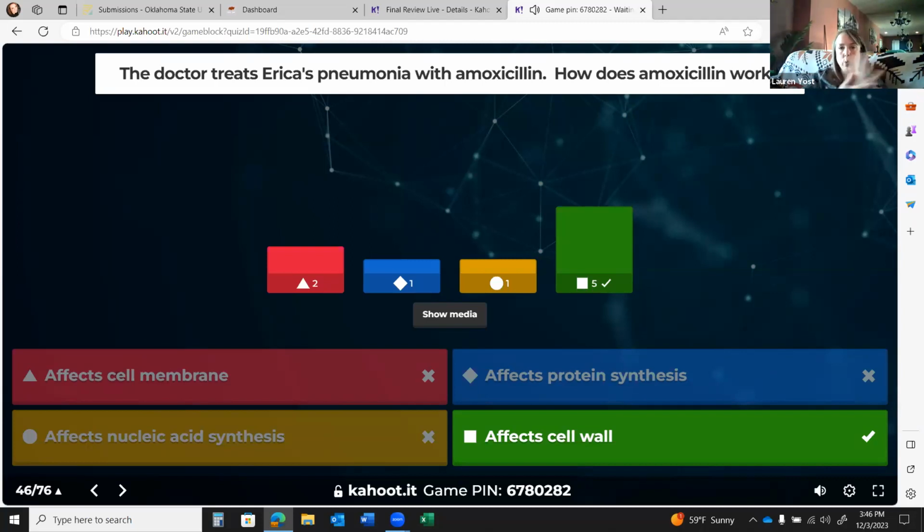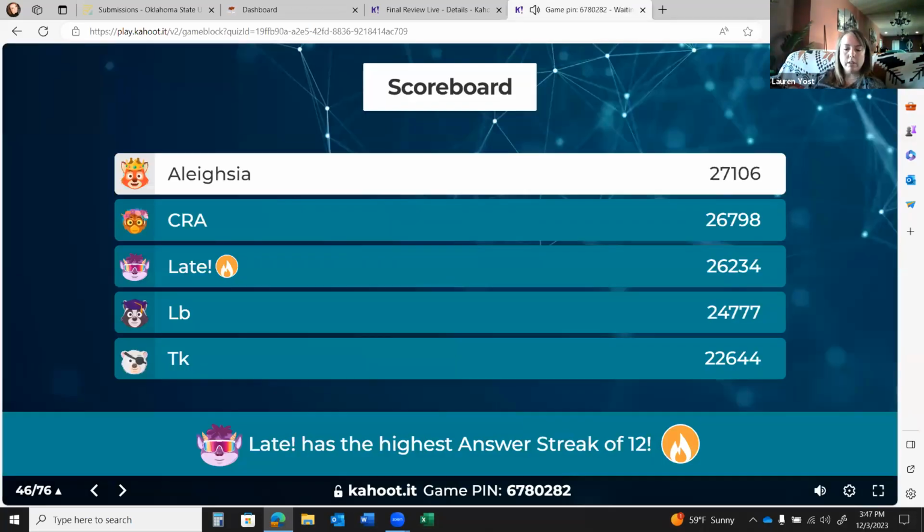Remember, there were 5 ways that antibiotics can affect bacterial targets: the cell wall, the protein synthesis, the cell membrane, and the nucleic acid synthesis. But the 5th one is folic acid, which we talked about a little bit ago with the sulfa drugs and trimethoprim. So good job. You guys are getting there.